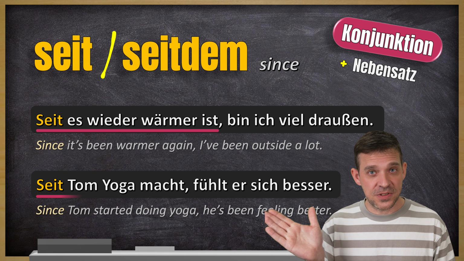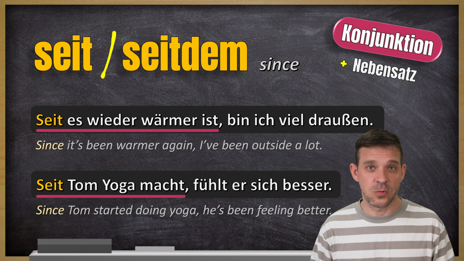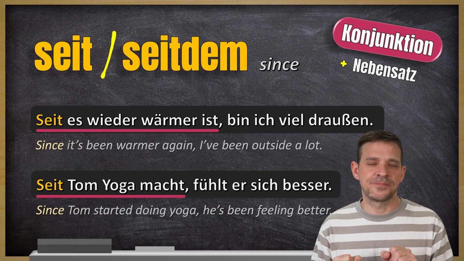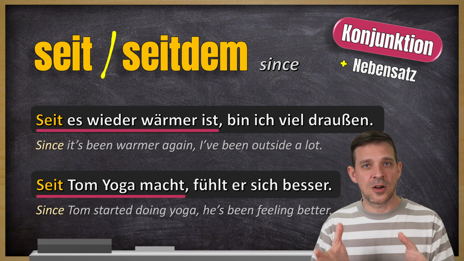Here we have both sentences start with the Nebensatz, the subordinate clause, with the conjunction in the beginning. This is, I would say, the most common situation when you use seit oder seitdem as the conjunction, that you start with the subordinate clause.